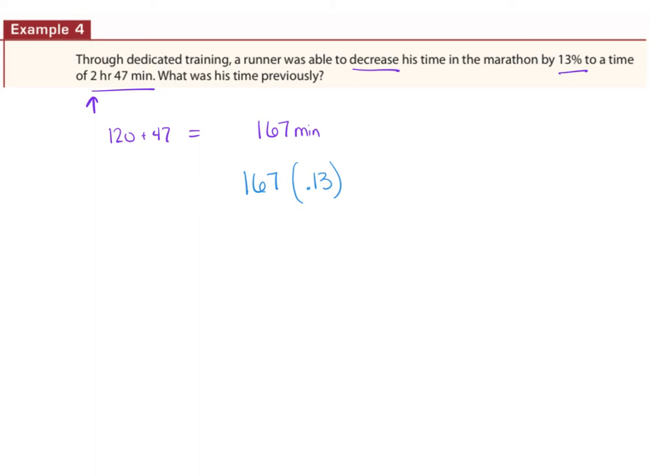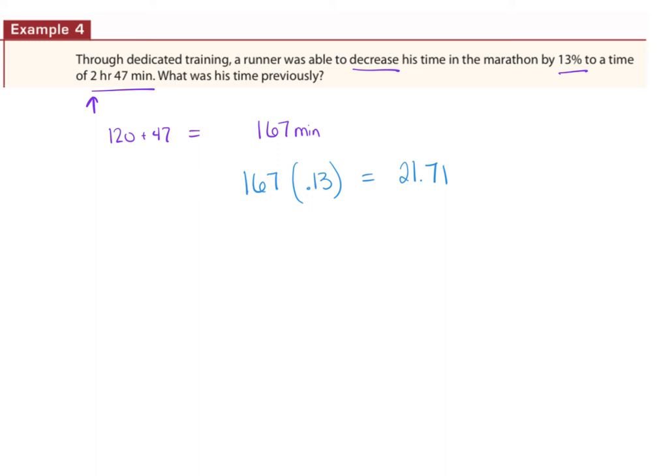So what is 13%? We're going to show this two ways. The first one is just figuring out how many minutes he decreased. 21.7. We'll just round. All right, 21.71 minutes. Is this what his new time was? No, that would be really quick, wouldn't it?